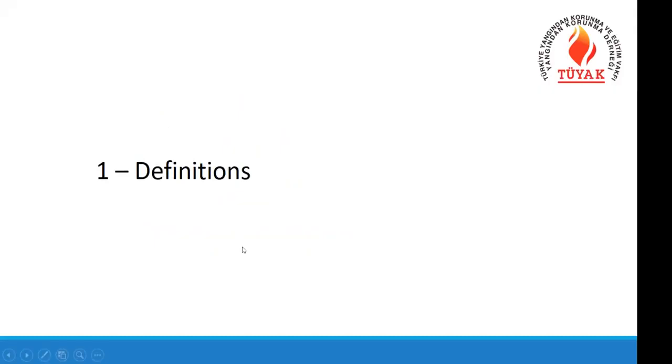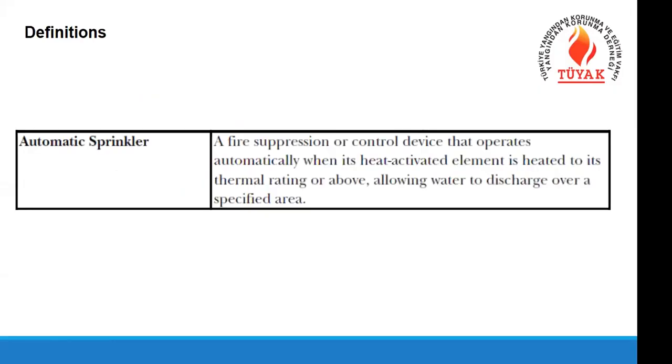Let's talk a little bit about the standard definitions of fire protection systems. Sometimes we see that the basic and mostly preferred fire protection system in the industry is automatic sprinklers. These are a fire suppression and control device that operates automatically when it's heat activated.